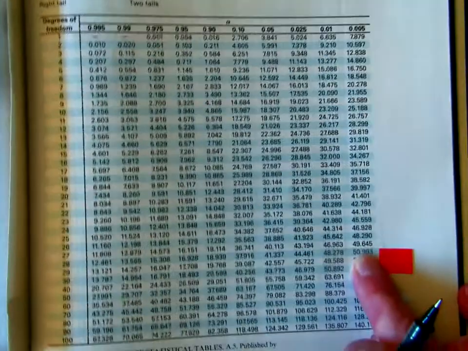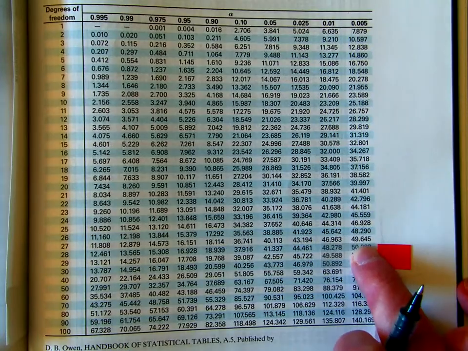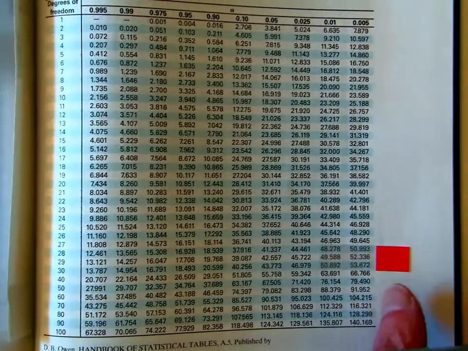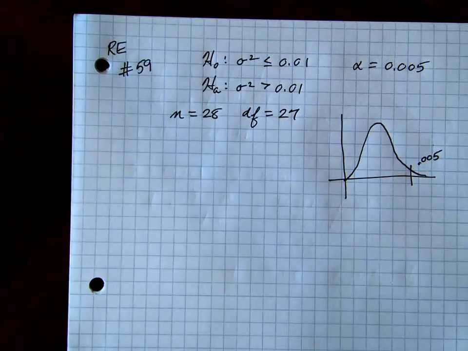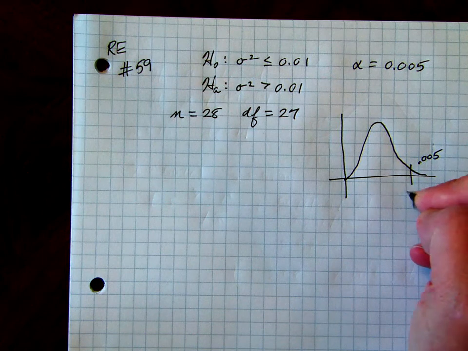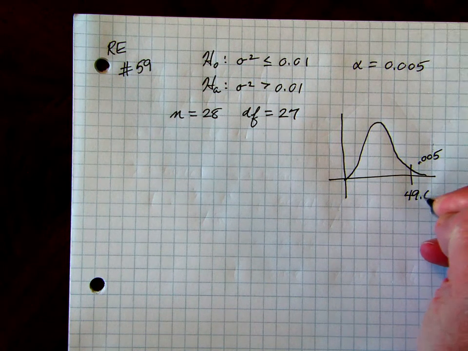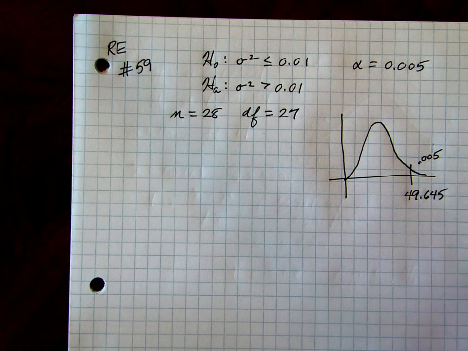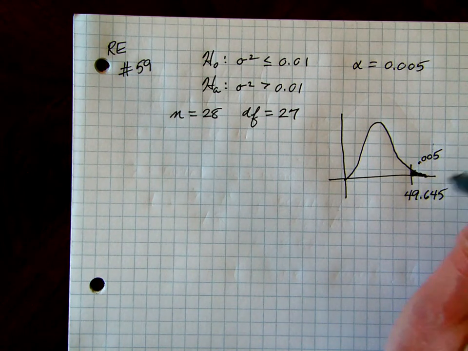Down here we've got 49.645. So let's write that one down. 49.645. And our rejection region is right there. So we need a fairly large statistic to fall into that region.